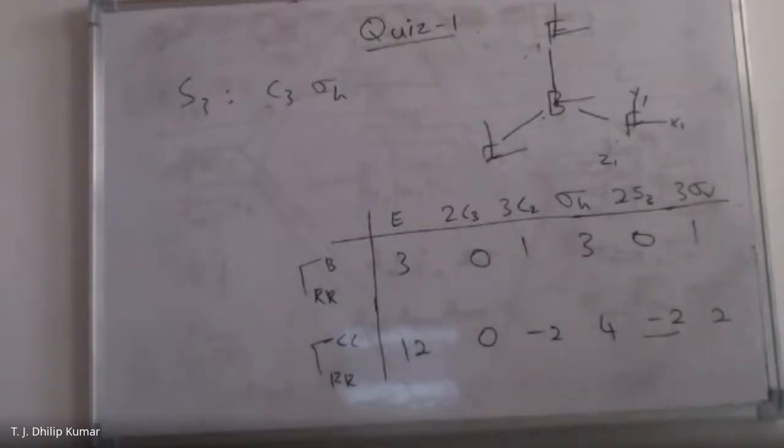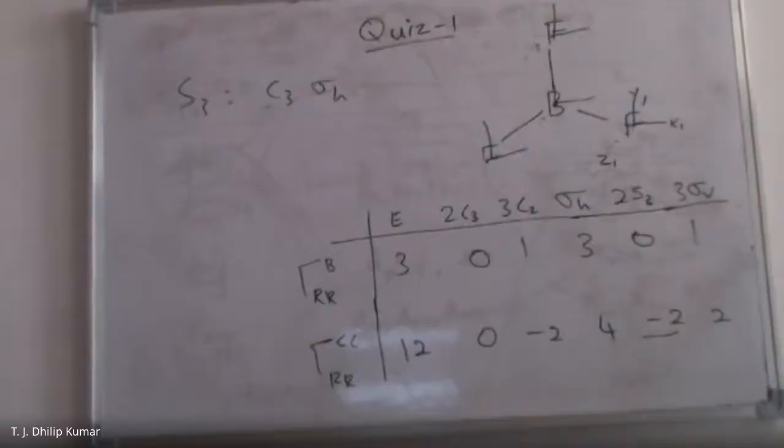But how for sigma V? I think there should be 3 because there should be two unshifted atoms. Just give me a moment.